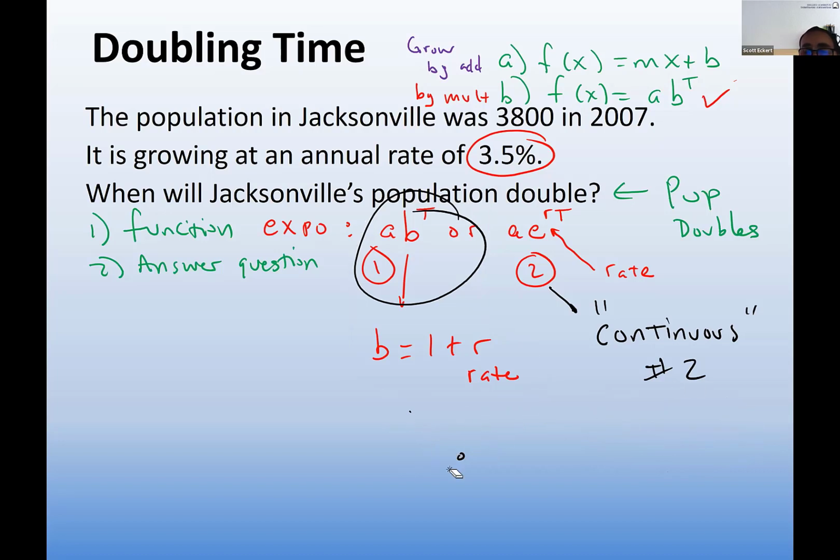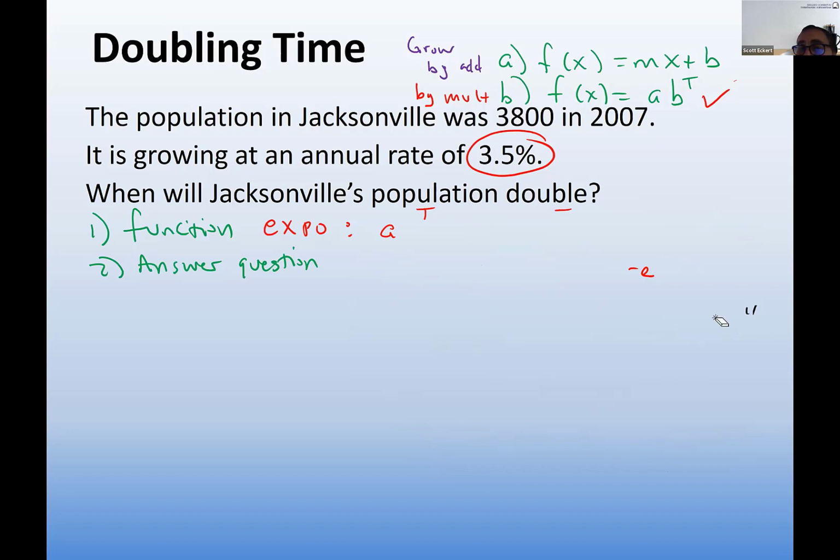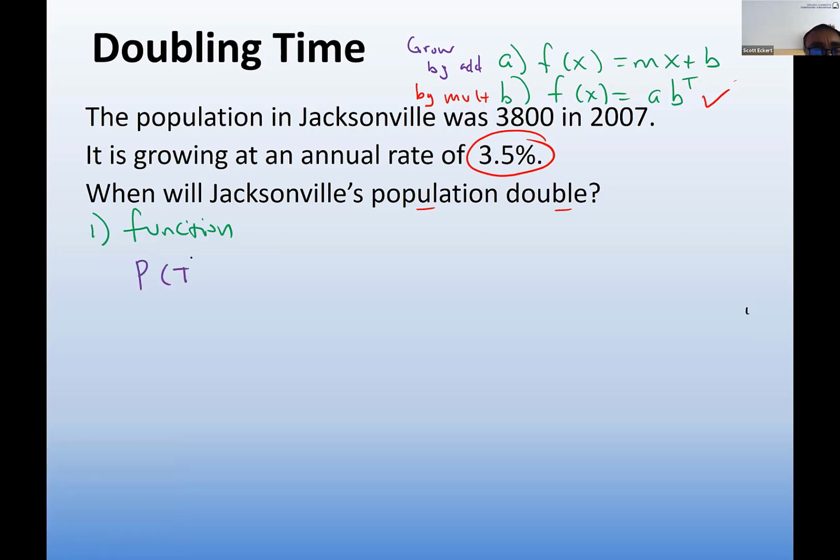Okay, let's use this one and start writing our equation. Now that we figured out we're going to use the exponential, population of time equals AB to the t power, and time is going to be years after 2007.